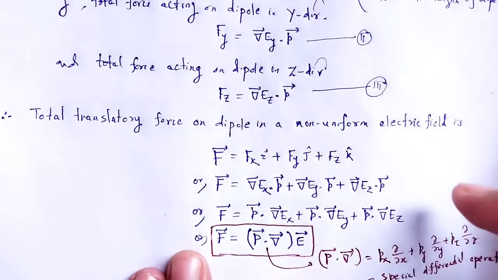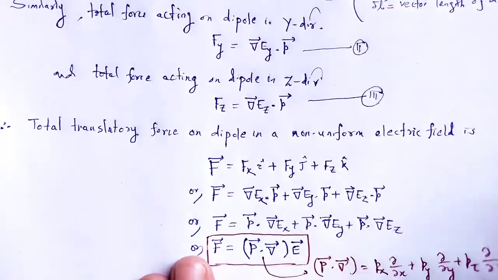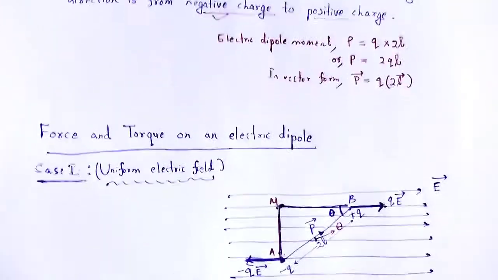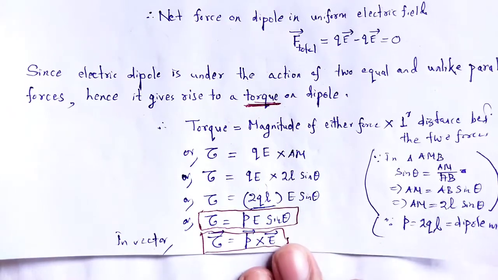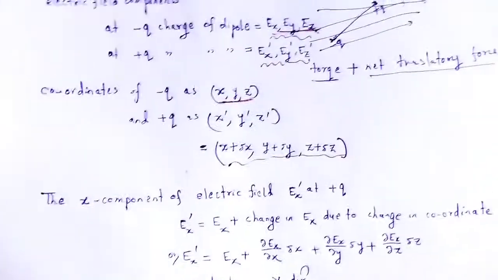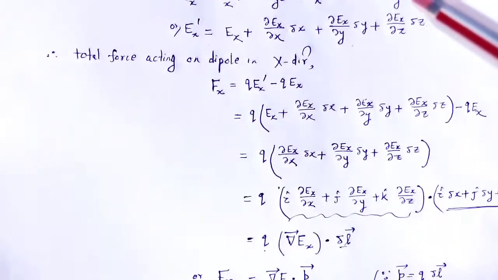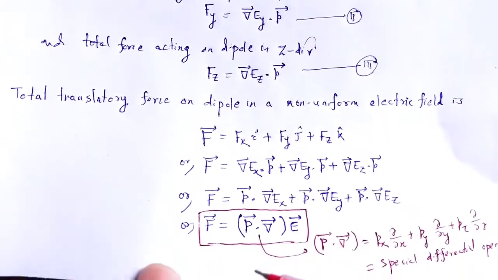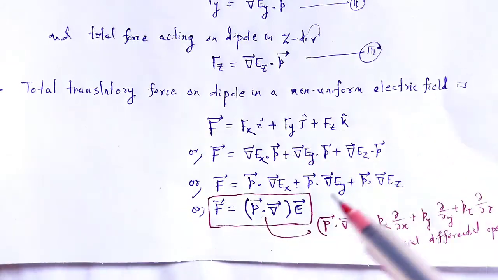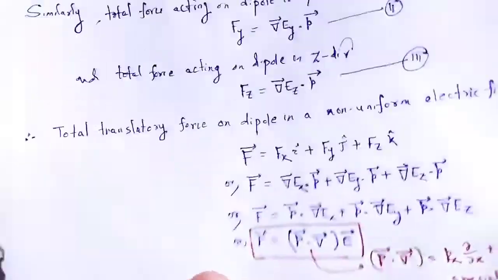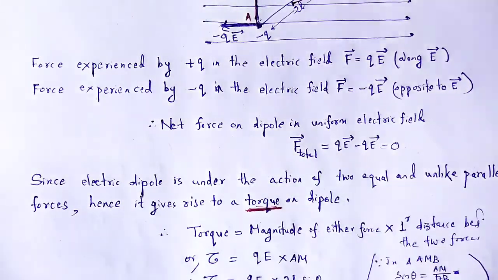So, here we know that when a dipole is placed in a uniform electric field, it experiences a torque, but when the dipole is placed in a non-uniform electric field, it experiences torque along with a net translatory force, and the net force on an electric dipole in a uniform electric field will be 0.